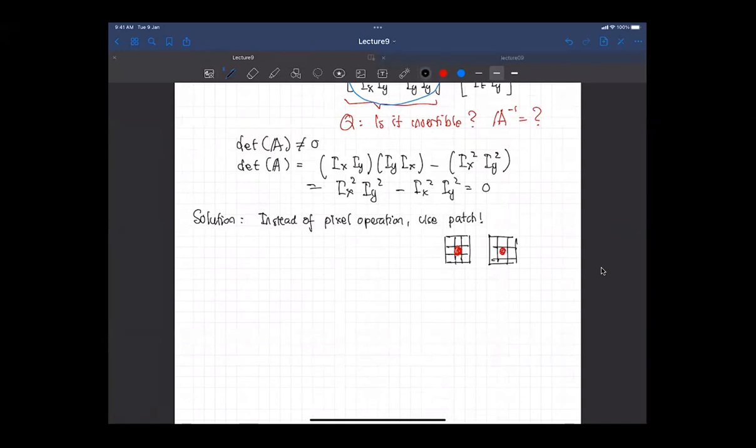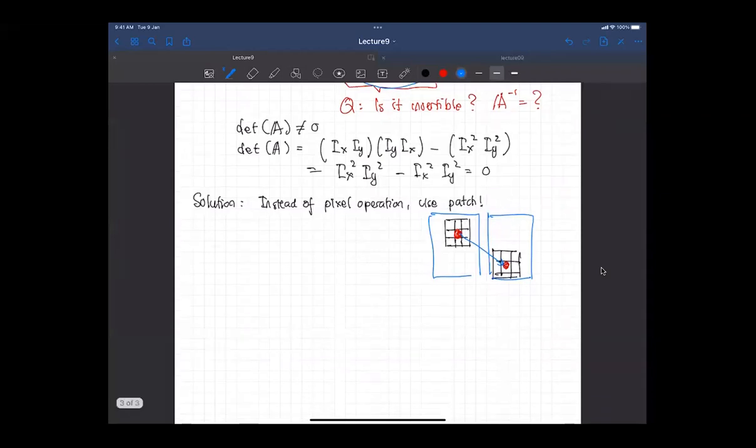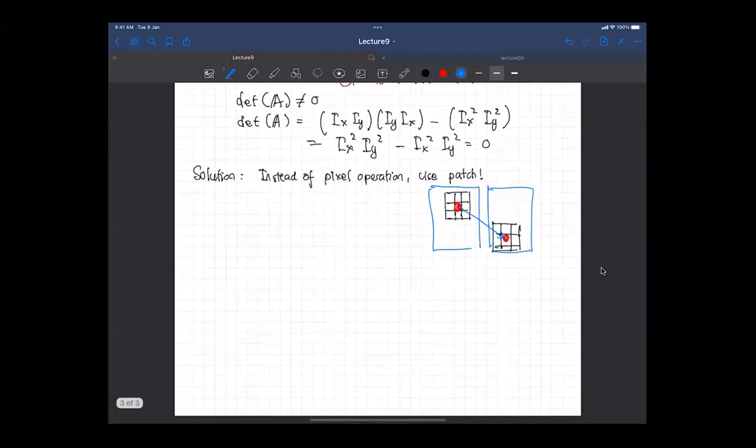So this patch is in a different location. Imagine that it's part of the bigger image, and basically it moves to that position. So we have a 3 by 3 patch in our analysis.